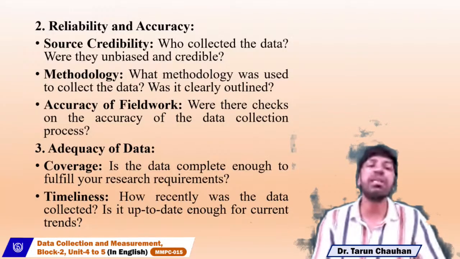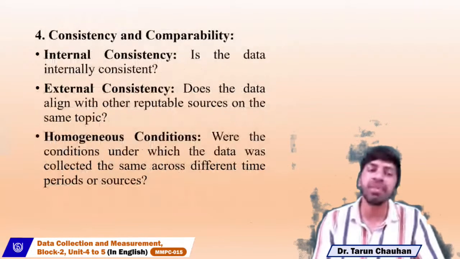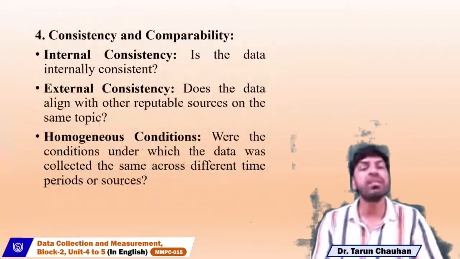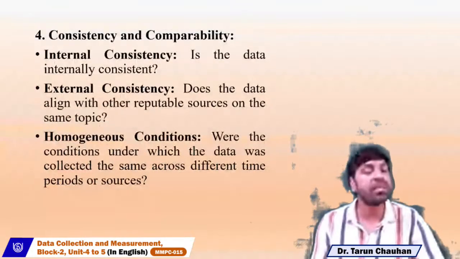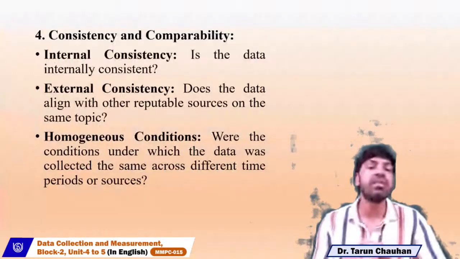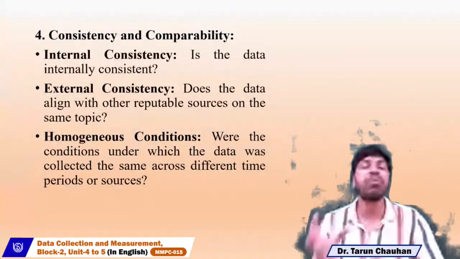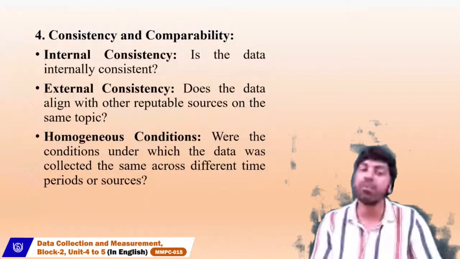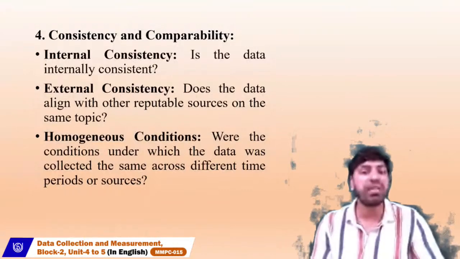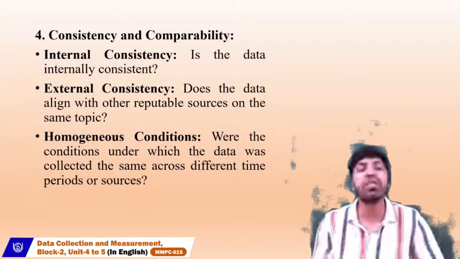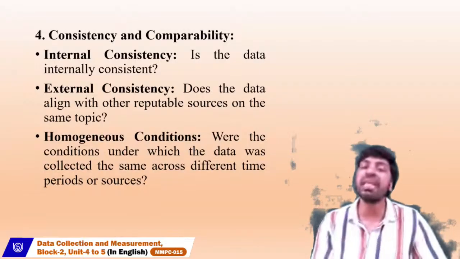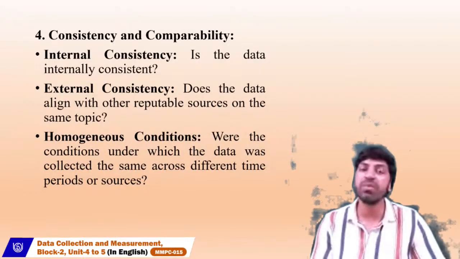And the last one is consistency and comparability. Internal consistency: is the data internally consistent? External consistency: does the data align with reputed sources on the same topic or not? Homogeneous conditions: whether the conditions under which the data was collected are the same across different time periods or sources.